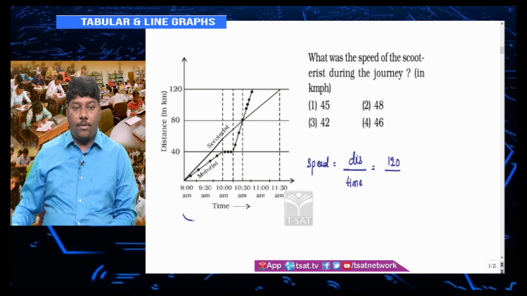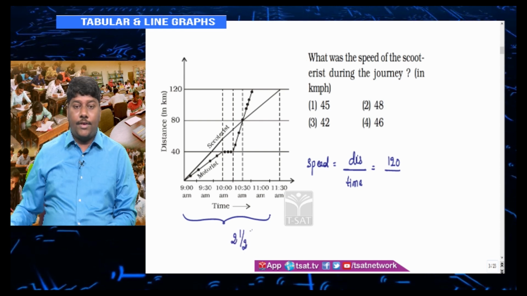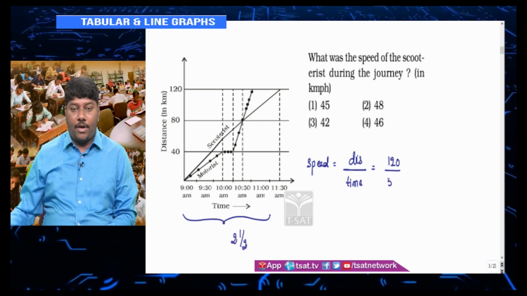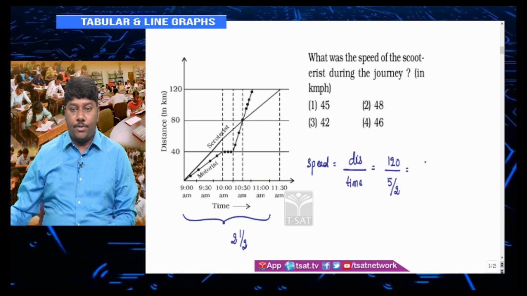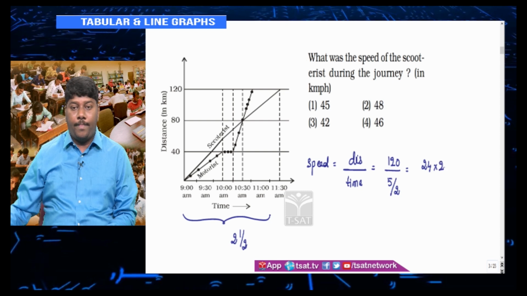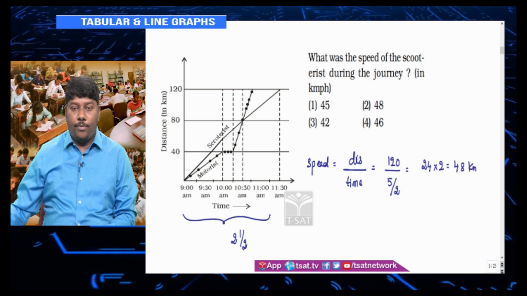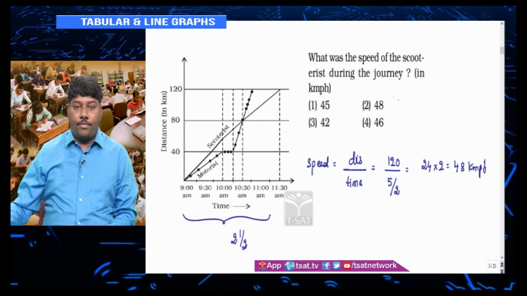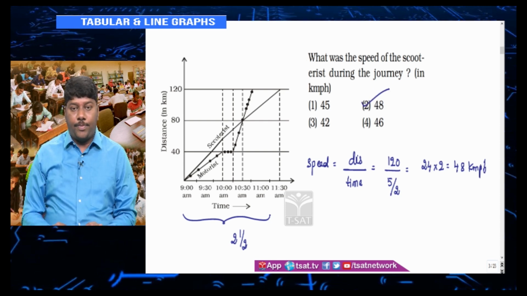And the scooterist took how much time? It's 2.5 hours, which I would say is 5 by 2 hours. In the numerator it is kilometers, in the denominator it is hours. So 24, 5, 24 is 120 into 2. Therefore I would say 48 kmph, kilometers per hour. So 48 kilometers per hour is the speed.